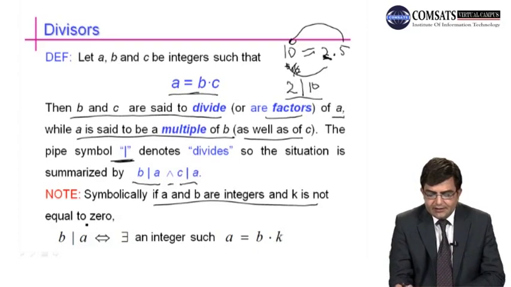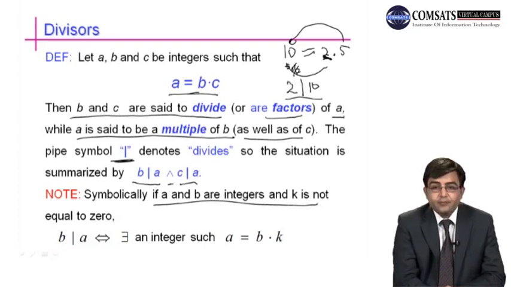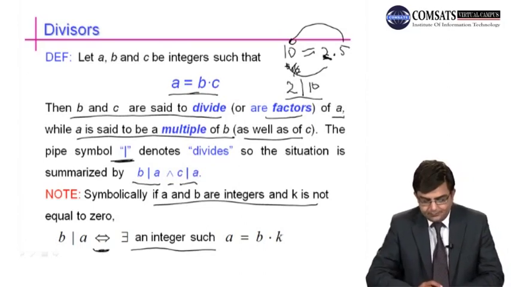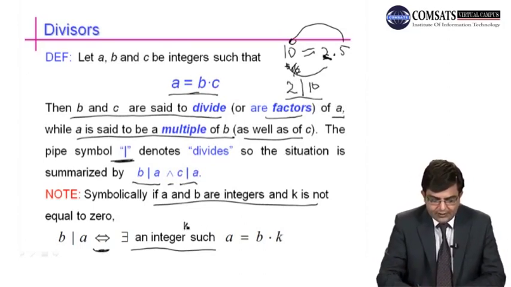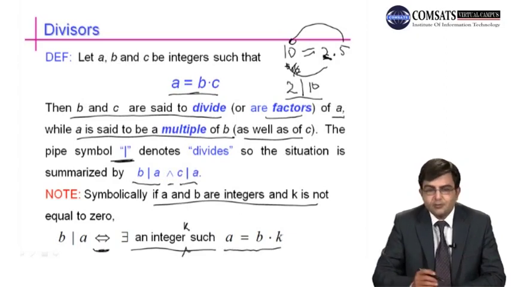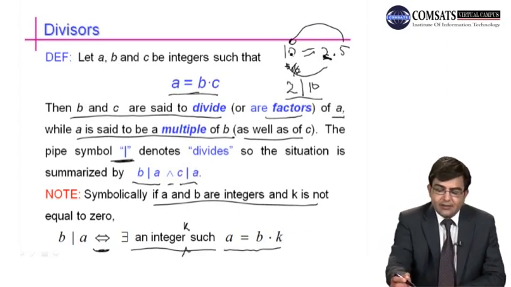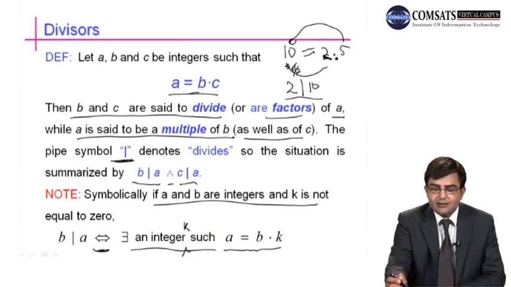Symbolically, A and B are integers and B is not equal to 0. Then B divides A, this symbol means if and only if there exists an integer, say K, such that A can be written as the product of B and K. So the same example, 10 can be written as 2 into 5.